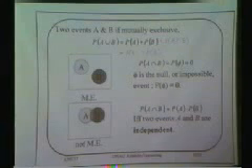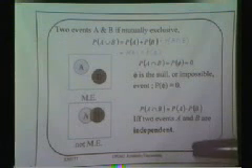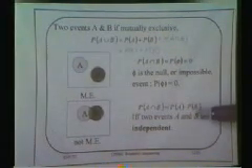What about if the two sets are independent? Two events A and B are independent. Then the probability of A intersect B, meaning the probability that A occurs and B occurs, can be calculated as the product P(A) times P(B). What?